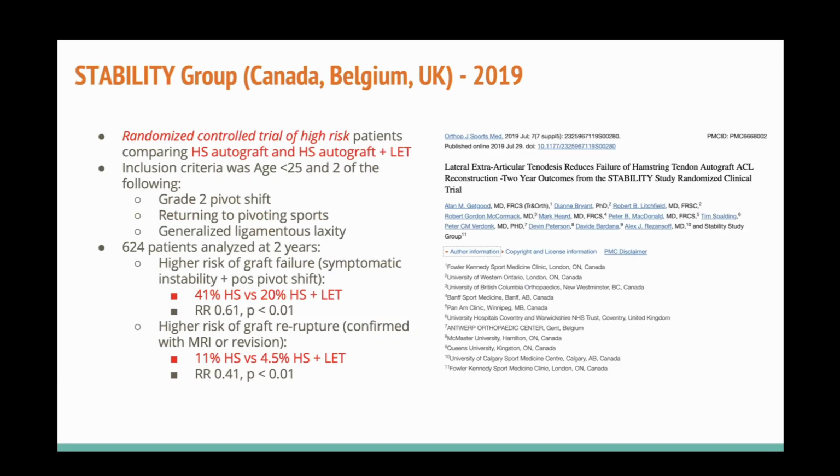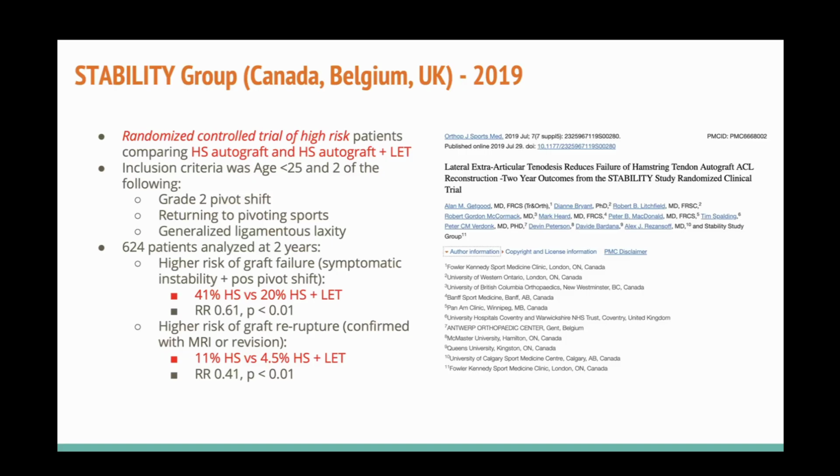He was looking at high-risk patients, and his inclusion criteria for high-risk patients were age less than 25 and any two of the following: a grade 2 pivot shift, returning to pivoting sports, or generalized ligamentous laxity.